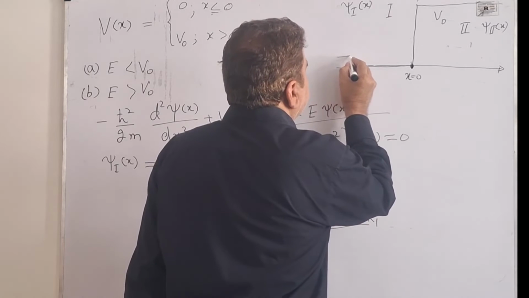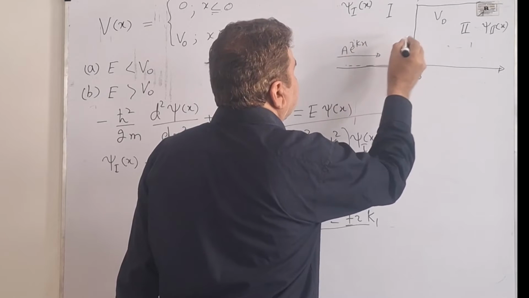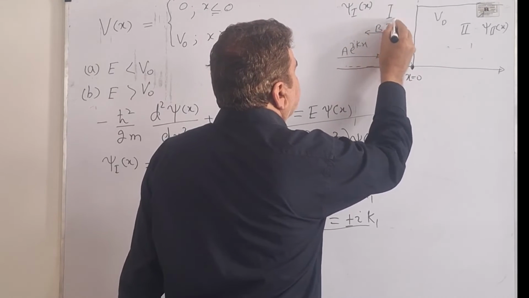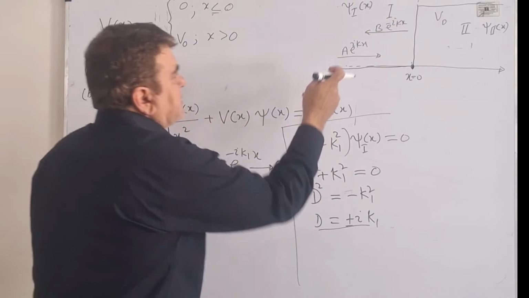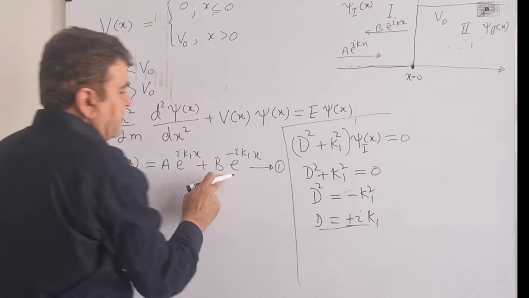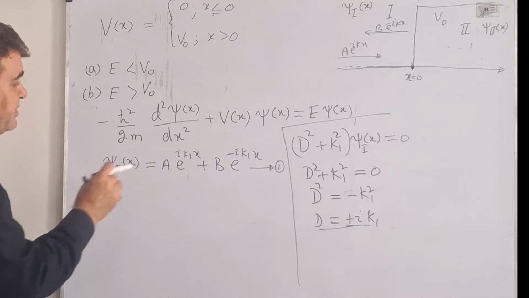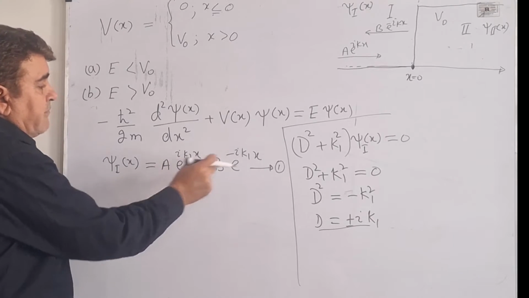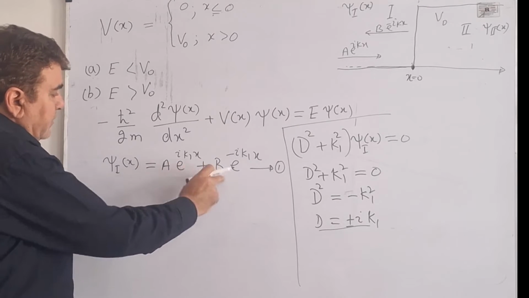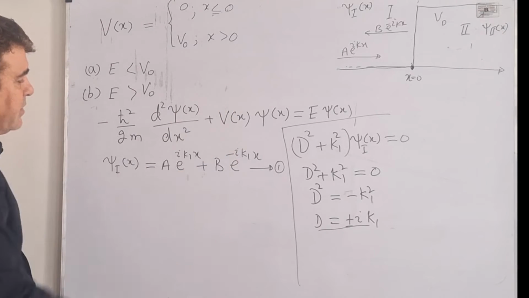That is, this term A exponent iota kx represents the incident wave, and this term B exponent minus iota kx represents the reflected wave. So here A and B are the probability amplitudes for the incident wave and for the reflected wave. And these are written arbitrarily, but we can define their values from the boundary conditions of the problem.